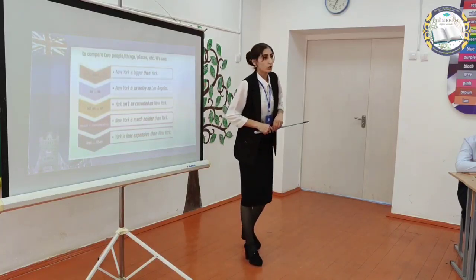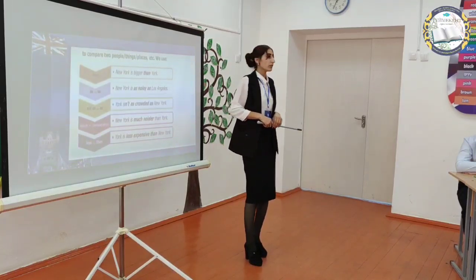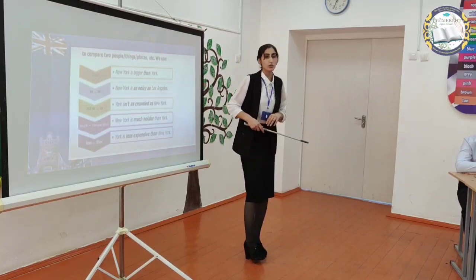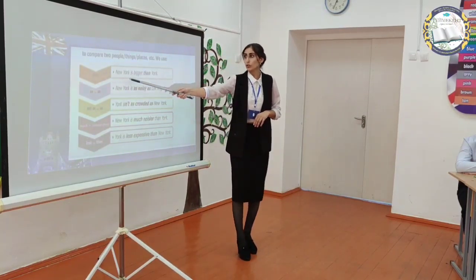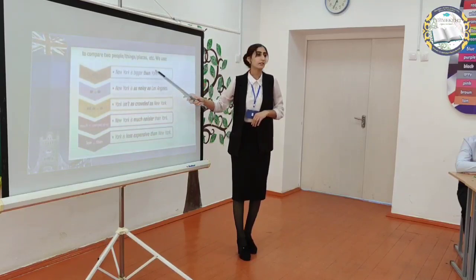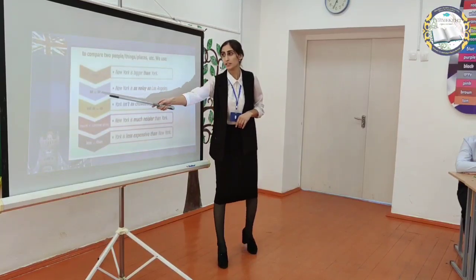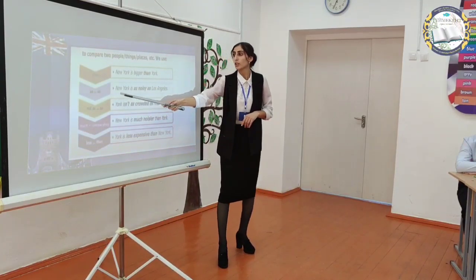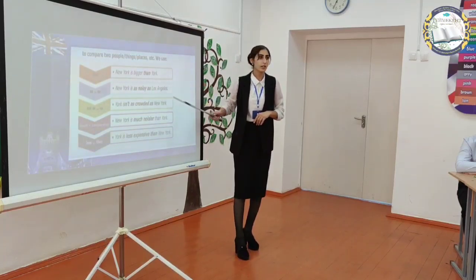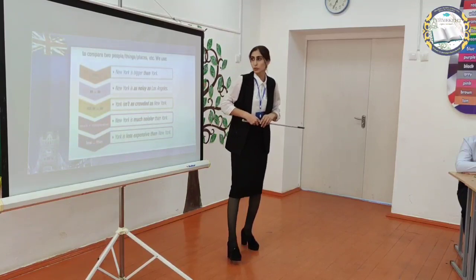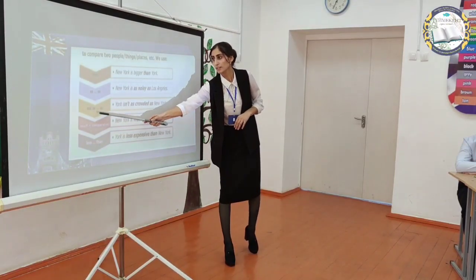If you would like to compare two people, things or places, you can also use the word than. For example, New York is bigger than York. The next is as. New York is as noisy as Los Angeles. In negative form, we use not as.